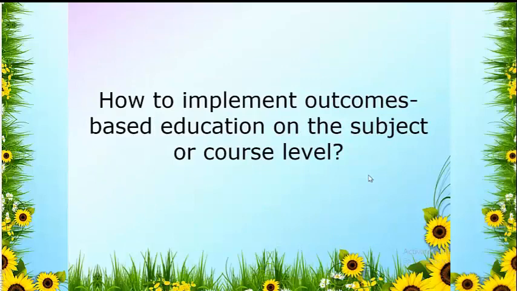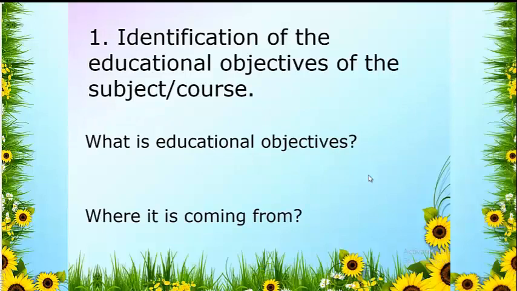How to implement outcome-based education on a subject or course level? First, we have the identification of the educational objectives of the subject or course. What is an educational objective? Educational objectives are the broad goals that a subject or the course expects to achieve, defining in general terms the knowledge, the skills, and the attitude that the teacher will help the student to attain.